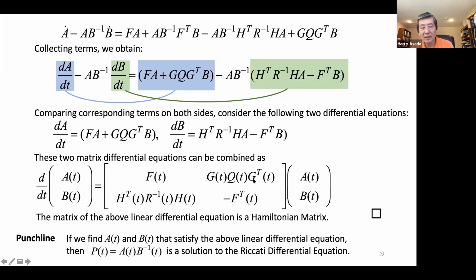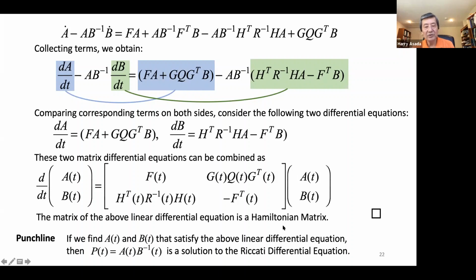And then this one, minus F transpose B, right here. So these two equations can be combined and written in this single differential equation, which is linear. The matrix of the above linear differential equations, this particular matrix, plays a major role. It's called a Hamiltonian matrix.